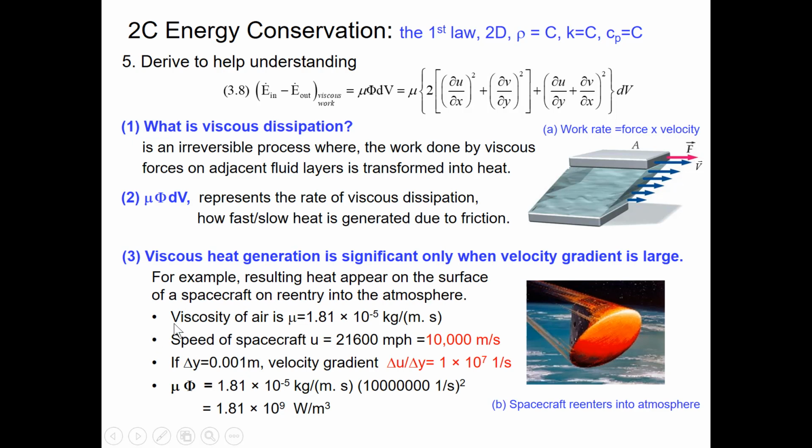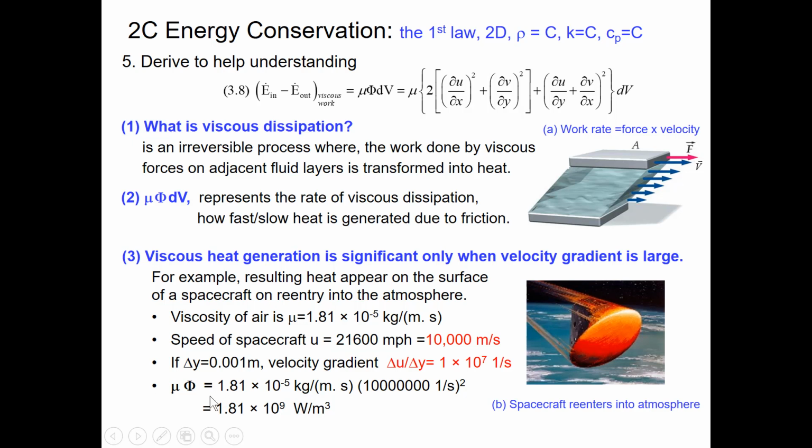We assume the viscosity of air is mu with a small value, the speed of the spacecraft u with a very large value. Assume the boundary layer on the surface of the spacecraft y is small, then the velocity gradient u over dy has a big value.